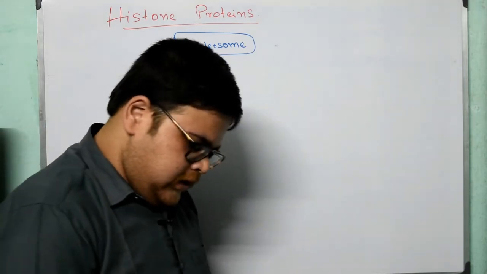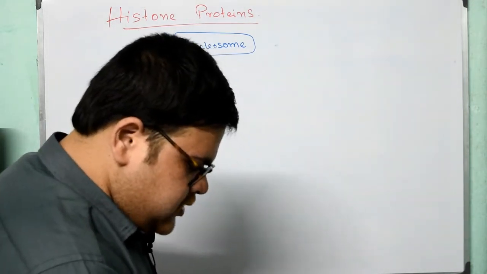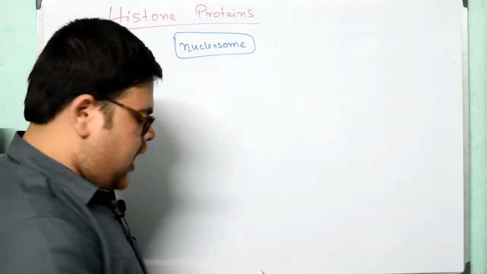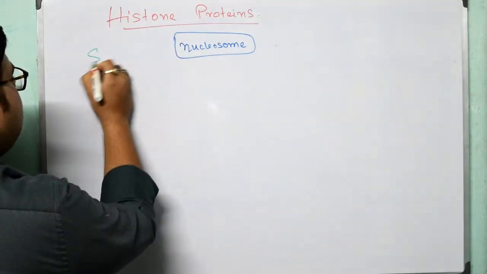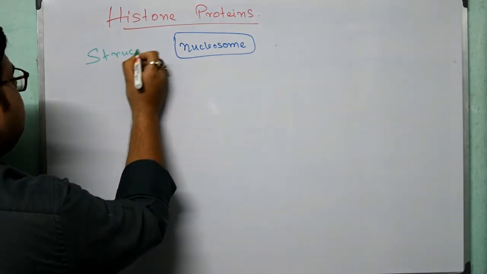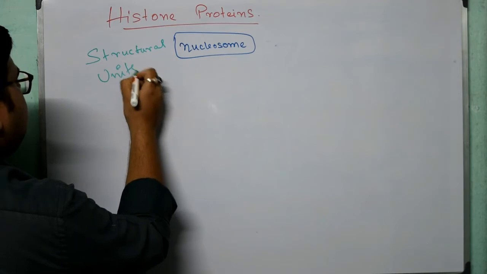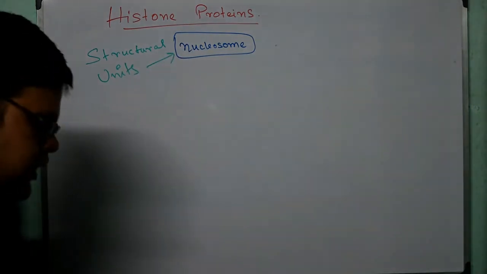Histones are proteins that help in coiling and packaging of DNA into structural units, and these structural units are called nucleosomes.